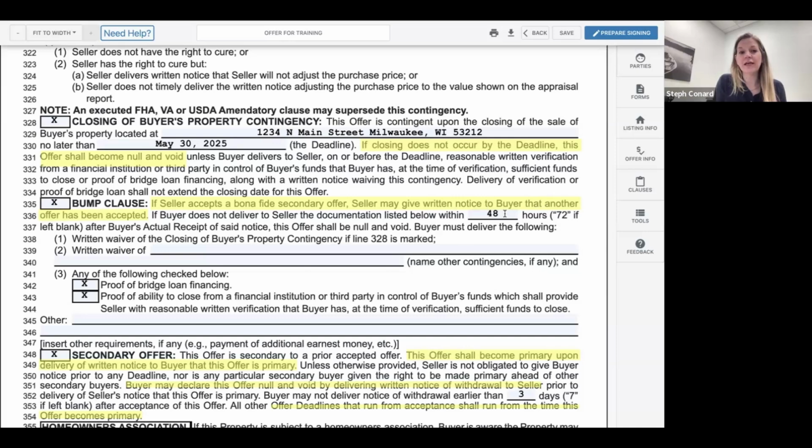The buyer now has 48 hours to come to the seller and say, okay, I'm going to waive my home closing contingency. I'm going to waive that closing of the buyer's property contingency, and I'm going to provide you evidence that I can do that by providing you a proof of a bridge loan, or another way, a proof of funds letter, or maybe another pre-approval letter from a lender saying that I can in fact move forward on closing without closing on this property.